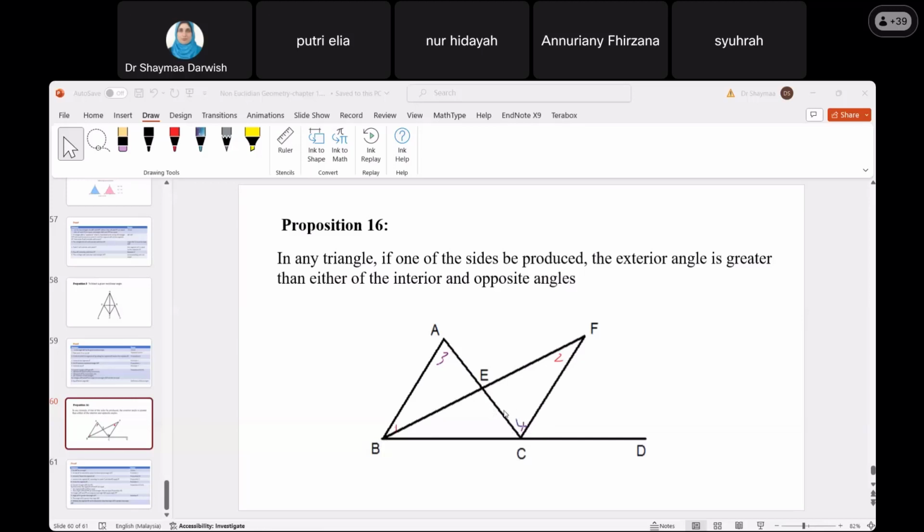We claim that this exterior angle will be greater than both of the interior and opposite angles. How can we prove this?